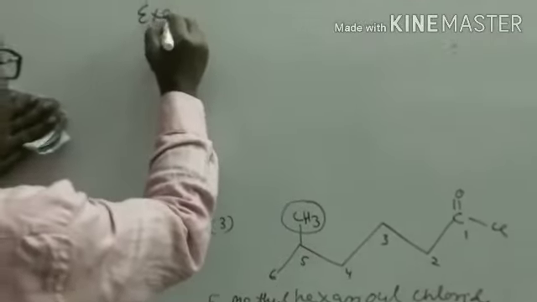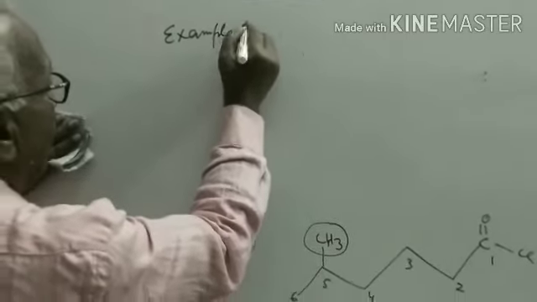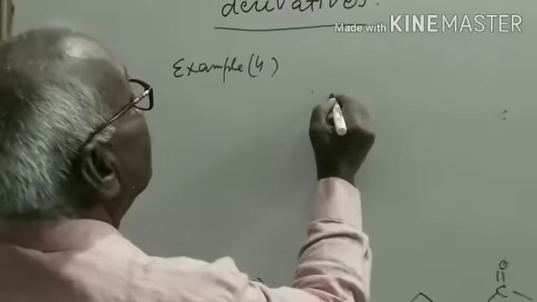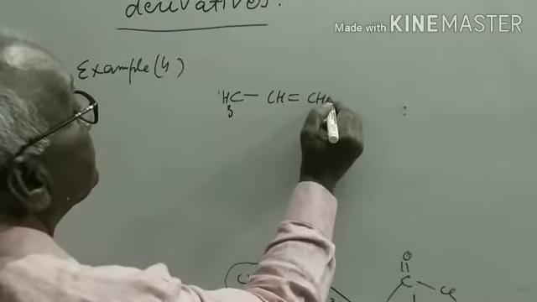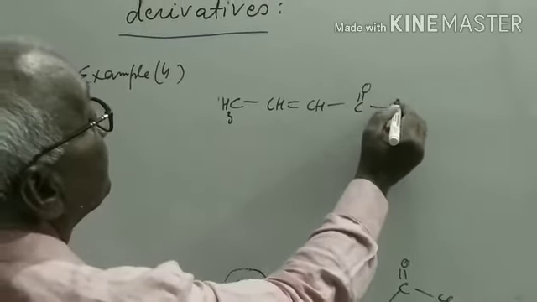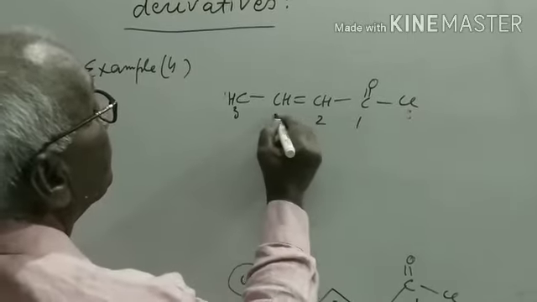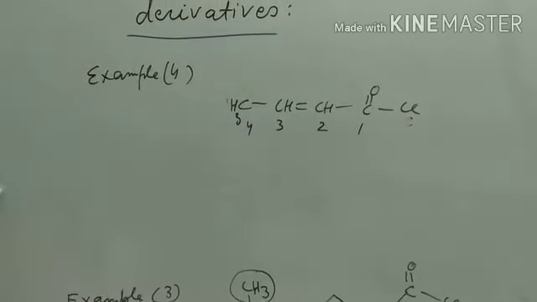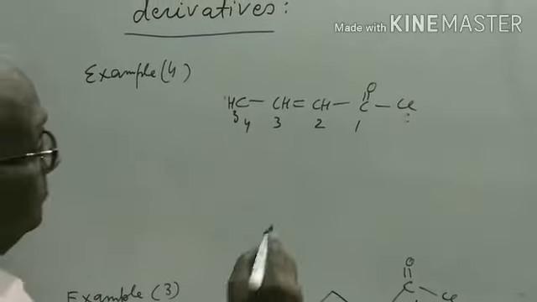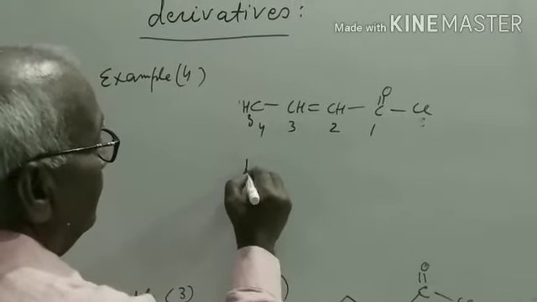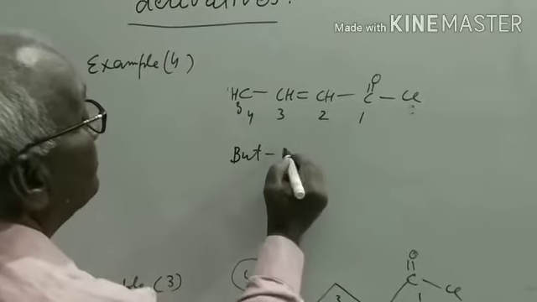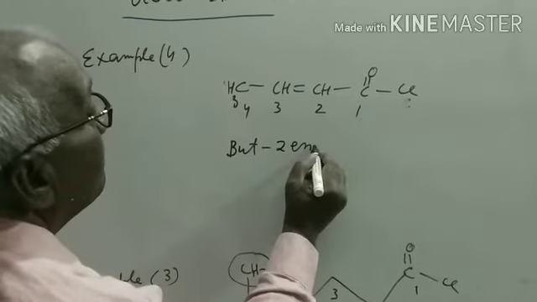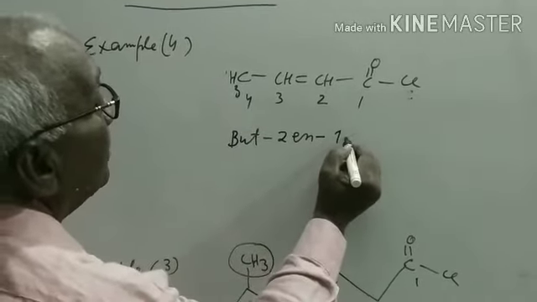Example 4. This is CH3, CH2, CH, CO, Cl. 1, 2, 3 and 4. So it is named as but-2-ene-1-oyl chloride.